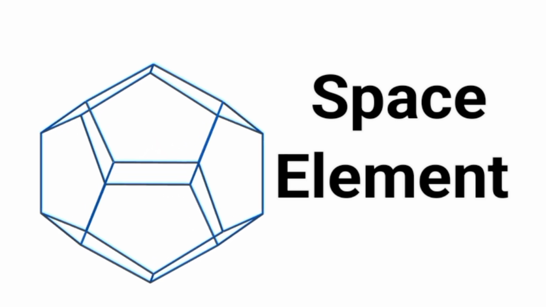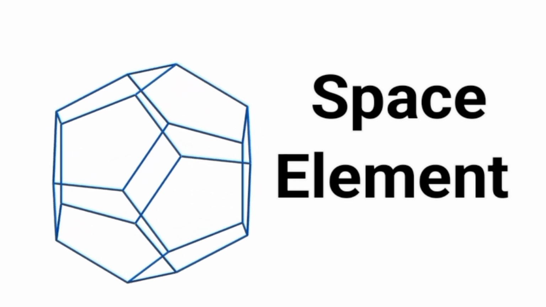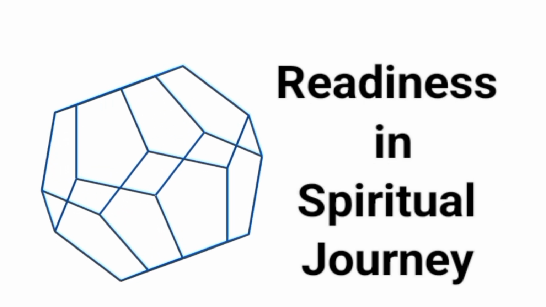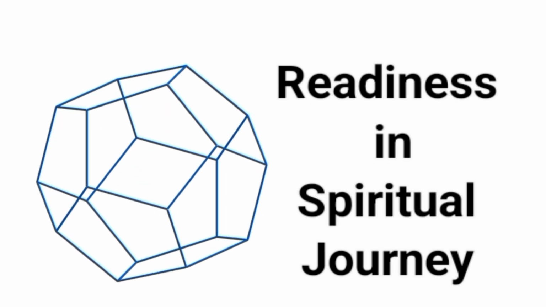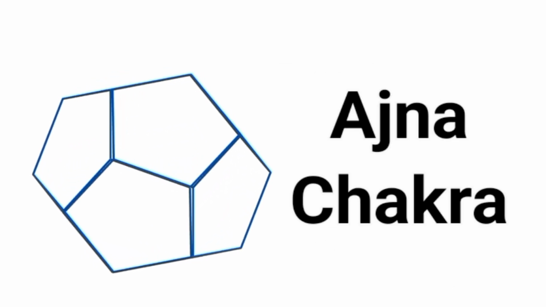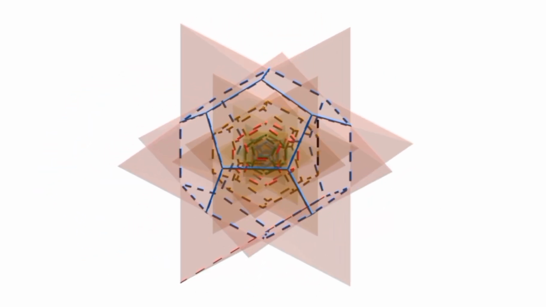Plato said, God used this solid for the whole universe, embroidering figures on it. Dodecahedron symbolizes your readiness to connect to the fifth dimension. It is linked to Ajna Chakra. Dodecahedron actually makes you firmly stand in your spiritual journey through visualization. It is a foundational part of Mahamrityunjay Yantra.